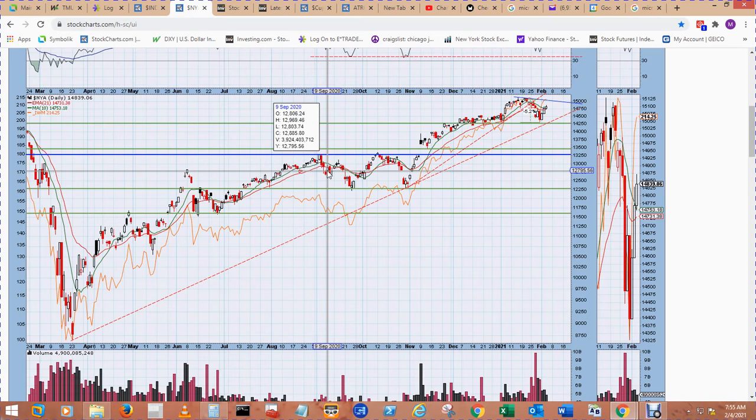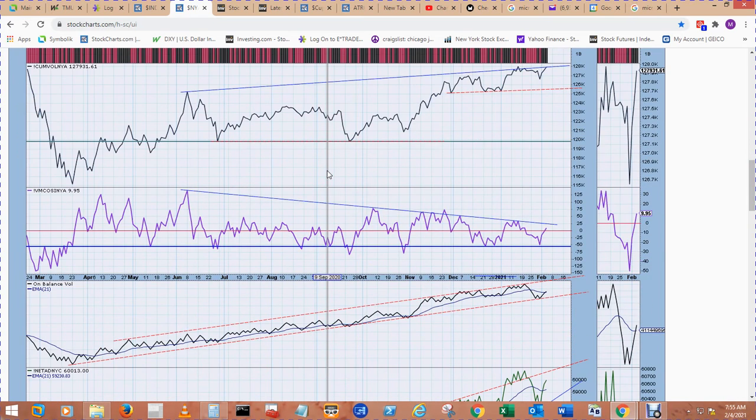The price of the NYA, you can see that it hit this. I put a horizontal line here for the down peaks averages.